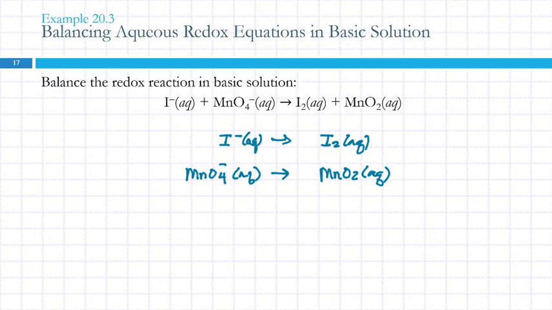So on the top, I need to put a 2 in front of the I-, so I have 2 iodines on both sides. In the bottom one, the manganese is already fine, but the oxygens aren't. I've got 4 oxygens here and 2 there. To get 2 more over here, what am I going to add? I'm going to add H2O. 2 H2Os. That brings the oxygen in that we need to balance it.